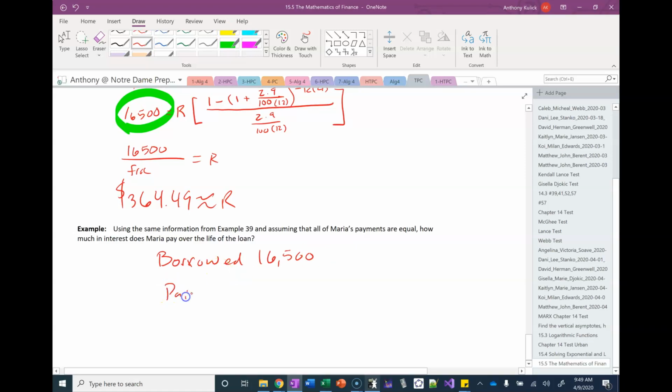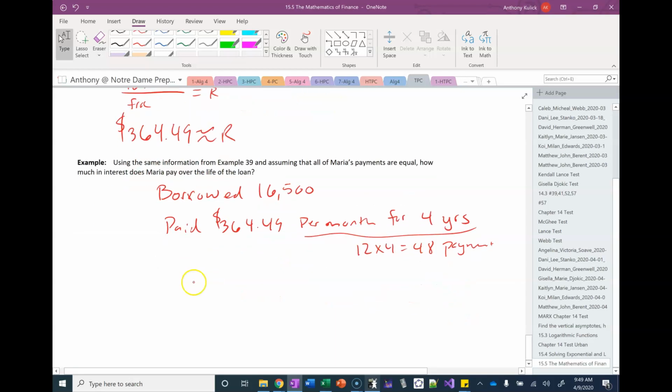And then we paid $364.49 per month for 4 years. So that tells me that we made 12 times 4 or 48 payments. So what we ended up paying then was 364.49 times 48.